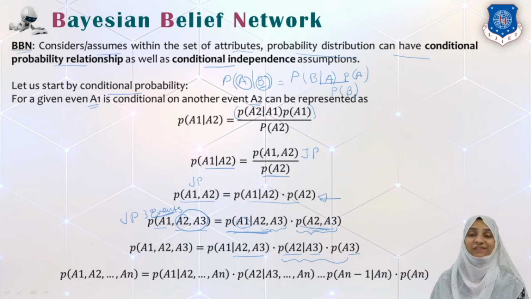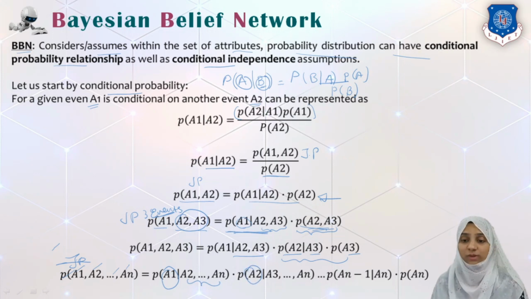Likewise, if I have a set of n events, that is the probability of events A1, A2, A3 up to An, their joint probability can be calculated as the probability of event A1 given that all other events from A2 to An happen, into the probability of event A2 given that events 3 to n happen, into the probability of A3 given that events 4 to n happen.